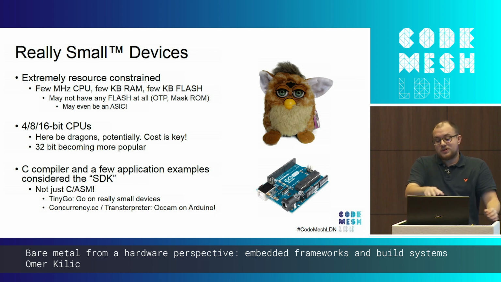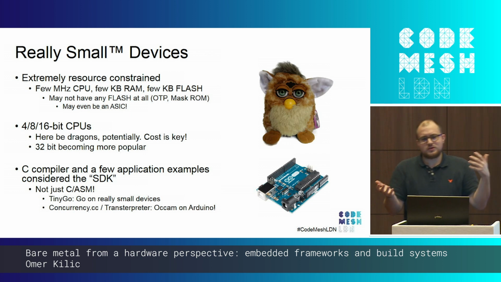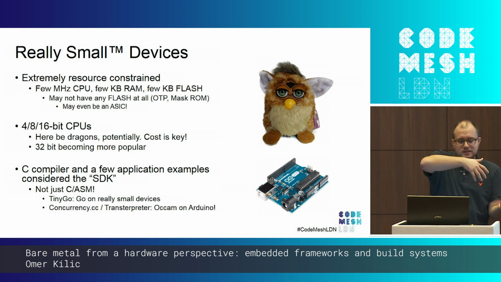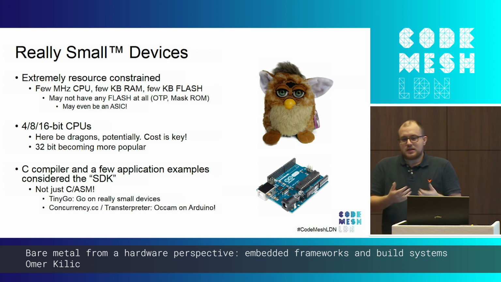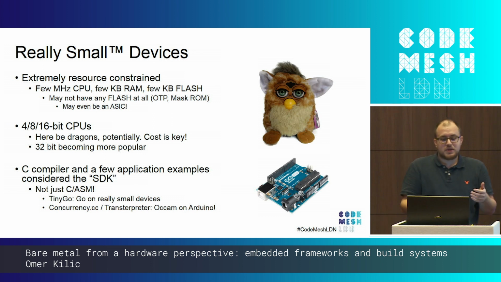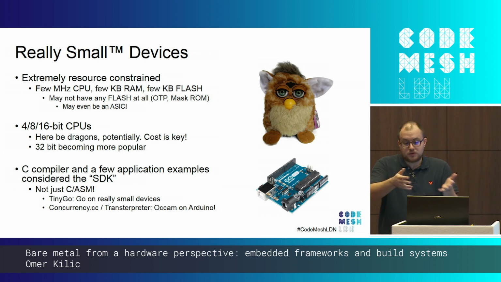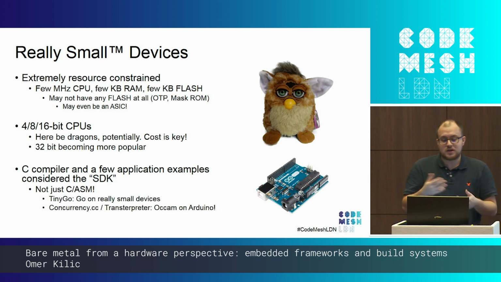Actually, an interesting note, so we said they might not have any flash at all. So if it's a processor, how do you get the code inside the device? It may not necessarily have flash storage, but they could be OTP, one-time programmable chips based on fuses. You literally burn the program onto the memory that it has using high voltage, but you can't change the program after that.